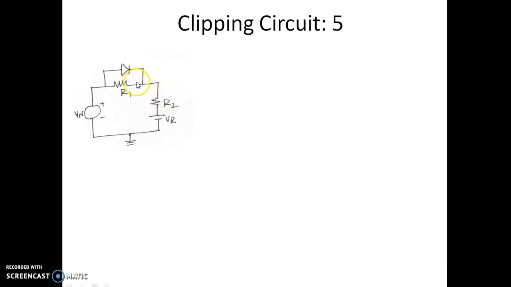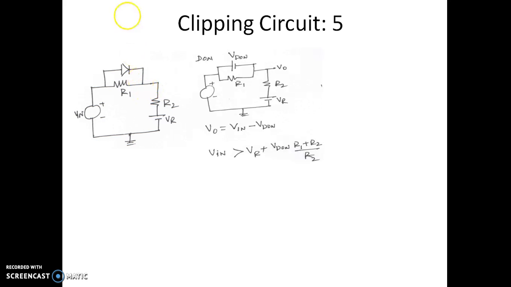Let us analyze this circuit with the diode in the on condition and in the off condition. With the diode on, we'll have the equivalent circuit given by this. I can see this is the diode which is closed now. It is on, so it is represented by a voltage source VD on. The resistors R1, R2 and the reference voltage are there as they are.